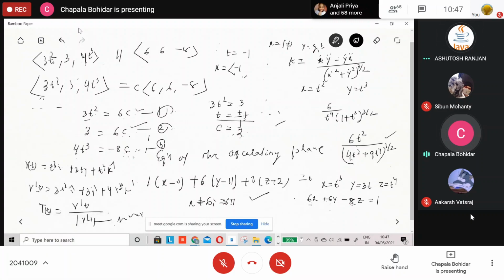It is also minus 1, then 3, minus 3, and 1. Clear? So this is your point, say P. At this point, the normal plane of the curve is parallel to this plane.